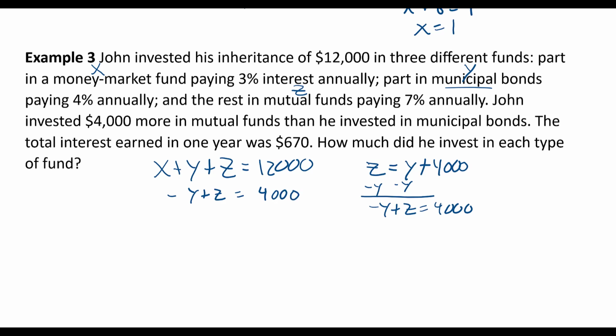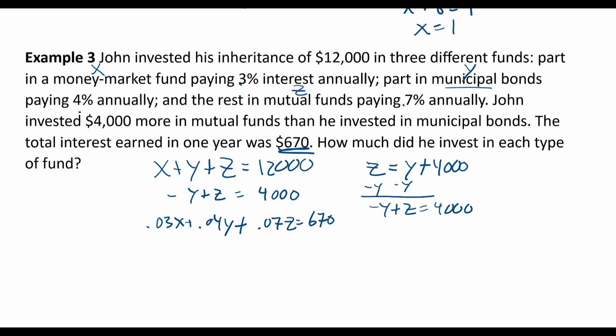Now the last one is the total interest earned over 1 year is 670. So based on these interest rates that we see, now we have two choices. I'm going to start with this, 0.03 in decimal form, x, plus 0.04y, plus 0.07z is 670.